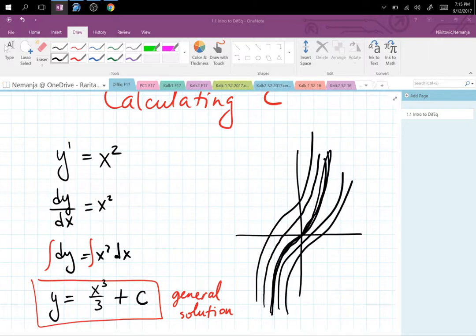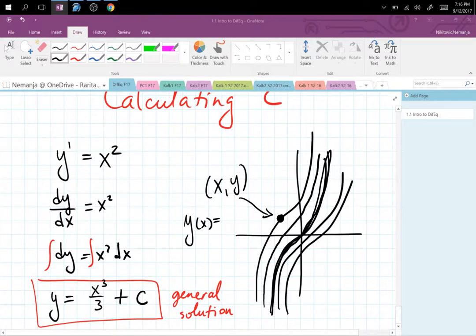So right now you have this plus c. Now observe this. You might be given a point in space, and there is only one of the functions that would go through that point. So say there's a point in space right there. That point would have x comma y. But you can understand that point as y of x equals some number.